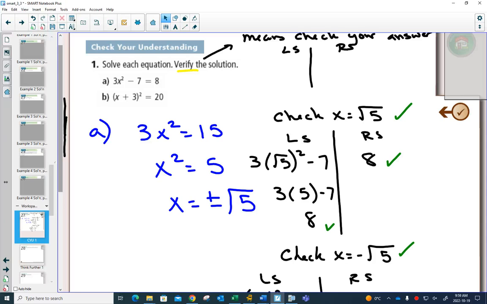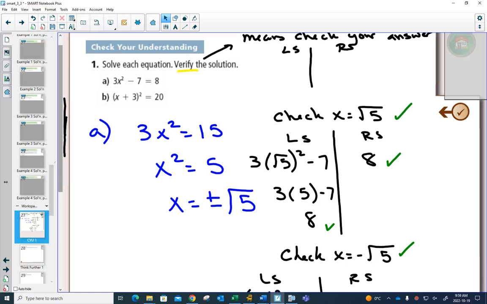It's good to verify things, but with radical equations, with the square root, you sometimes get extraneous roots. So radical equations, you always have to verify because you might get an answer that doesn't work. But x squared equations or quadratic equations, they will always work. So I might start taking out the verify part because it's a bit redundant.